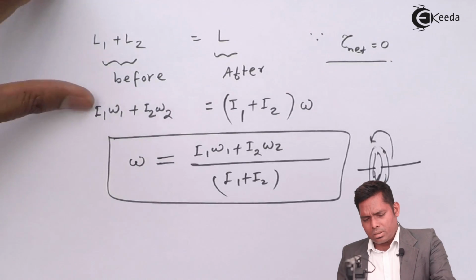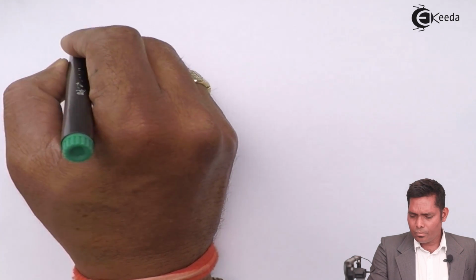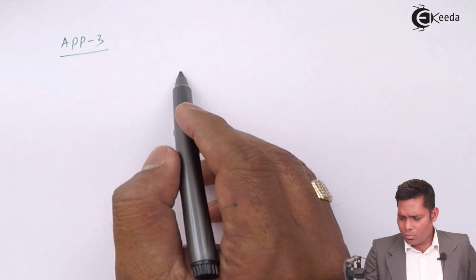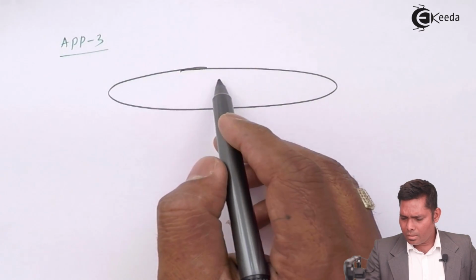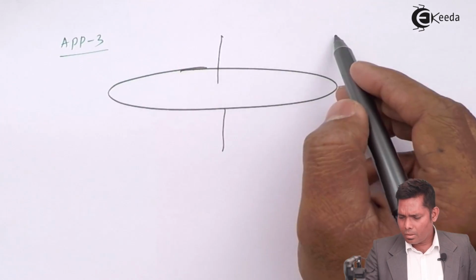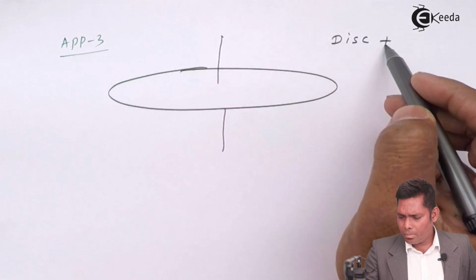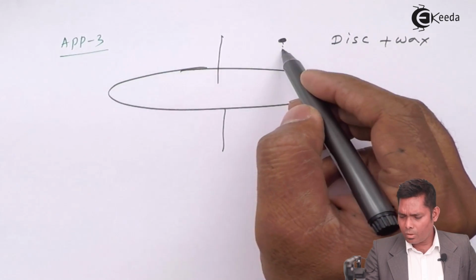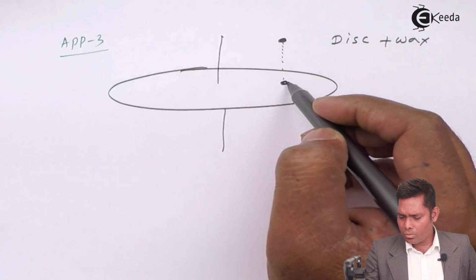So we can also discuss that part. Let us discuss that if you want. Then suppose this is application 3. I'm talking about a disk. There is a disk plus wax system. Wax is here. It is allowed to fall down and it sticks to this place.